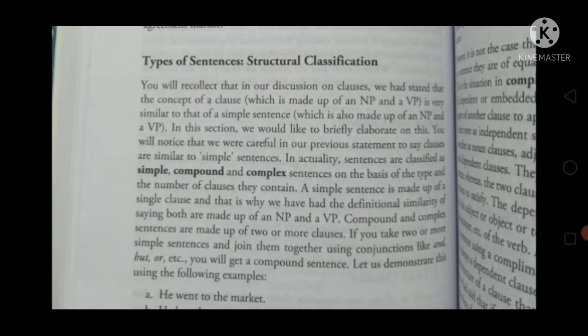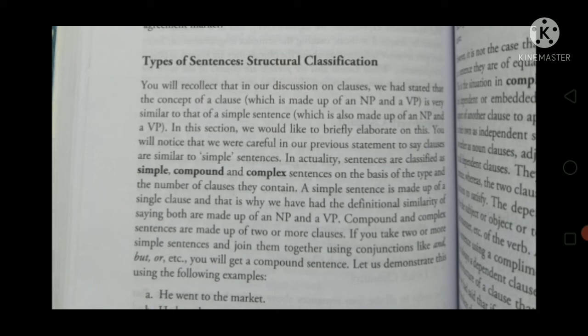You will recollect that in our discussion on clauses, we had stated that the concept of a clause, which is made of a noun phrase and a verb phrase, is very similar to that of a simple sentence, which is also made of a noun phrase and verb phrase.